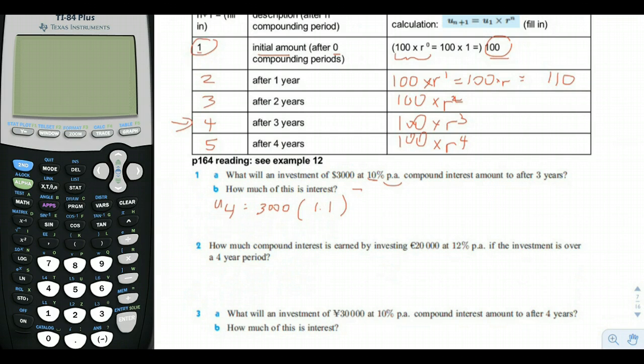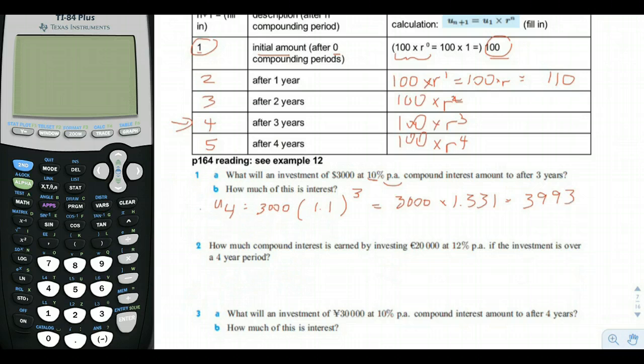And then here we're going to have the 3. If we multiply that out, it would be 3,000 times 1.331, which is equal to 3,993.